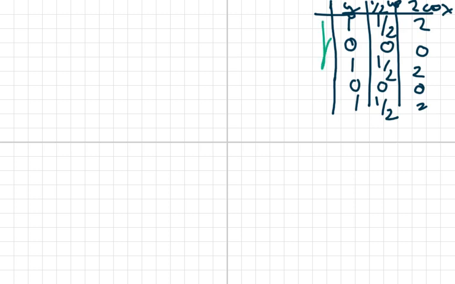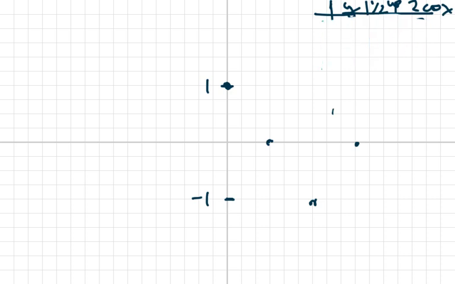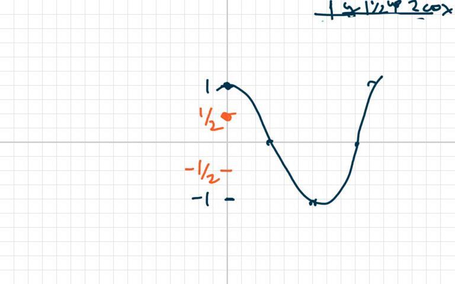Okay, so we're going to draw, I probably have to erase some of this, but I'm going to do my parent function first. That's 1, -1. I'm just going to do dots. You're making a V. Dot, dot, dot, and I'm going to erase this, so y'all get the idea. Dot, dot, and make the curve. All right, for the 1/2, I start at the same place and go through the same zeros, but I only go to 1/2 here.